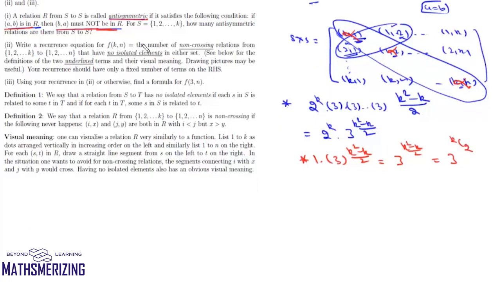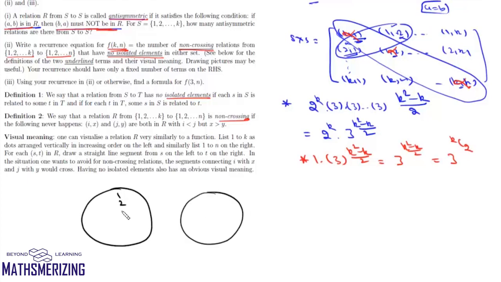Now part 2 is write a recurrence equation for Fkn, the number of non-crossing relations that have no isolated elements in either set. And they have given the definition of isolated elements as well as non-crossing elements. Now here we need to write this recurrence equation for Fkn. So we have this set containing k elements 1, 2, 3 up to k, and then we have this set containing n elements.